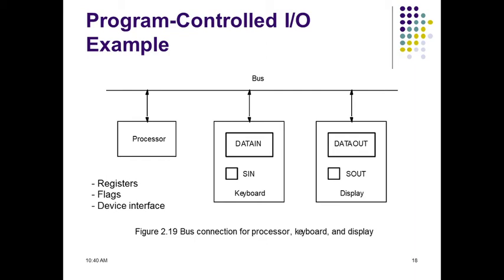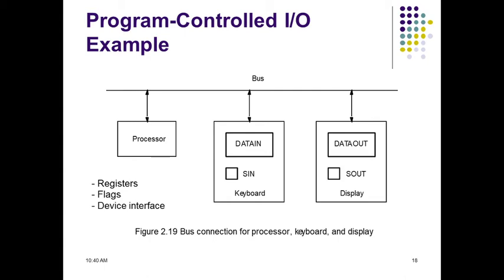When you strike a key, that key stores the corresponding character code in an 8-bit buffer register which is associated with the keyboard. That buffer register is known as DATAIN.